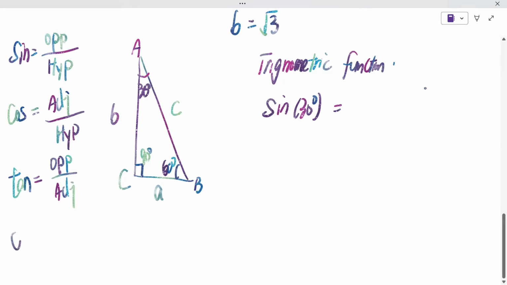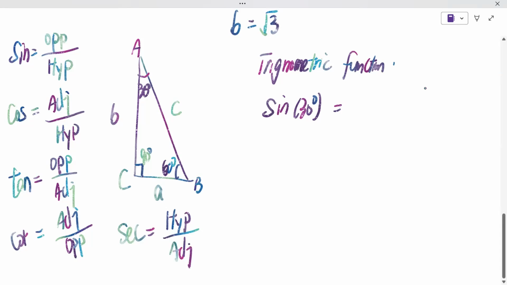Cotangent is the inverse, so it will be adjacent over opposite. And secant is hypotenuse over adjacent, because secant is the reciprocal of the cosine, right? And cosecant is the reciprocal of the sine, so hypotenuse over opposite.